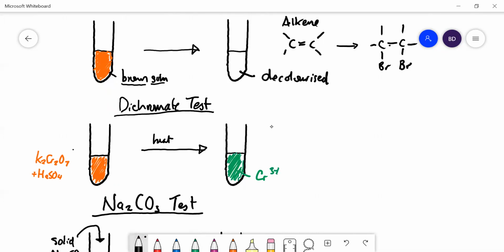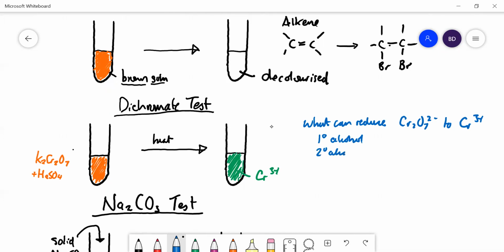So the question is, what can reduce the dichromate ion to Cr3+? Well, it's not particularly brilliant, this test, because there are a few things that will do it. First of all, it will oxidize a primary alcohol. It will also oxidize a secondary alcohol.